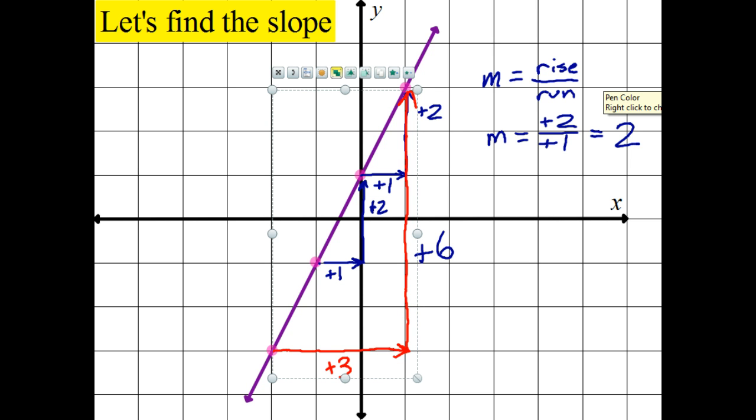There you go. So it goes over 3, and then it goes up 6, and that still follows the idea of a 2 to 1 ratio. So the slope in this one would be 2 to 1: it goes up 2 for every 1 that it goes to the right.